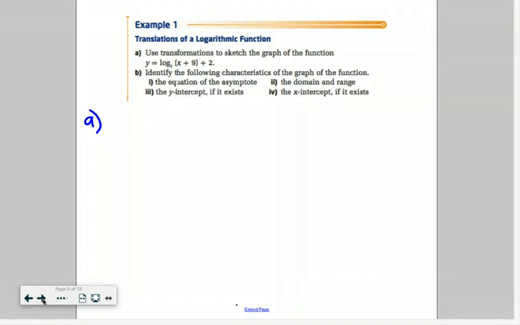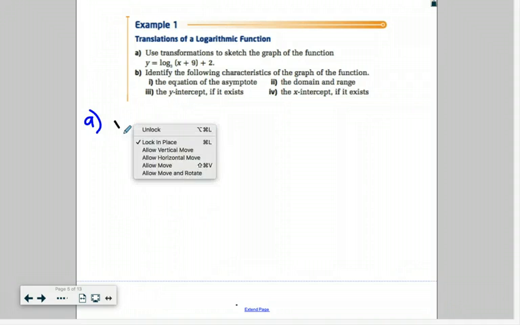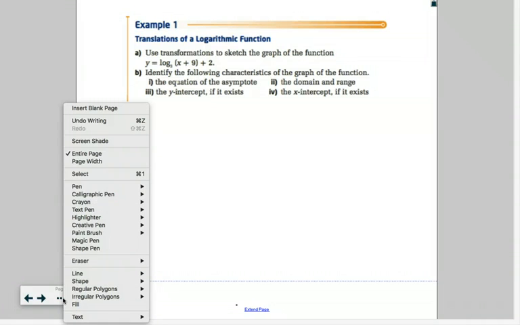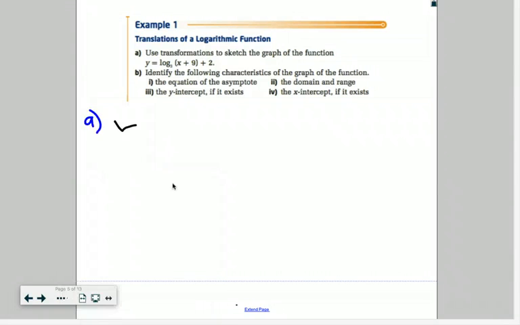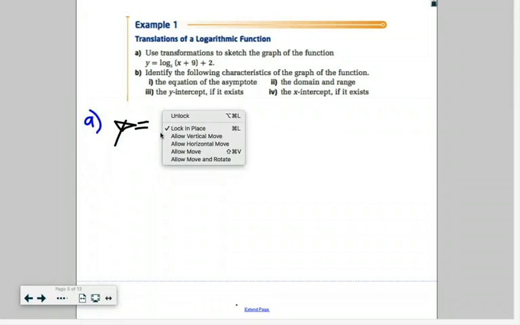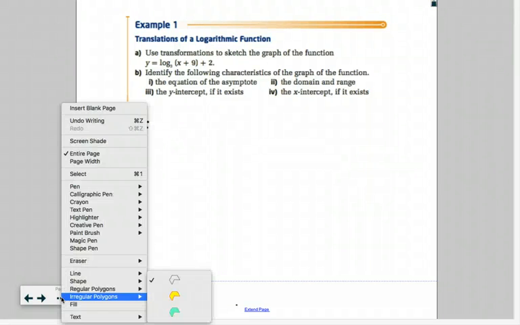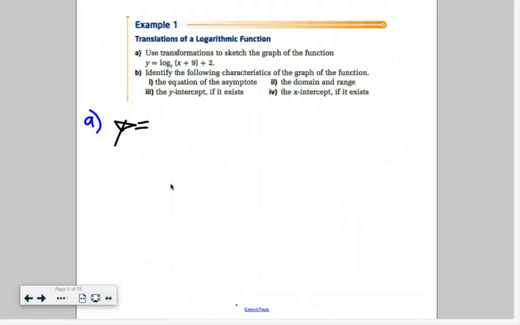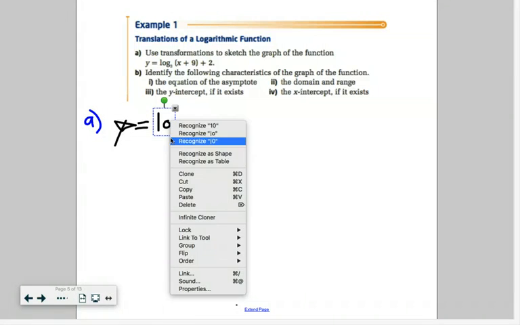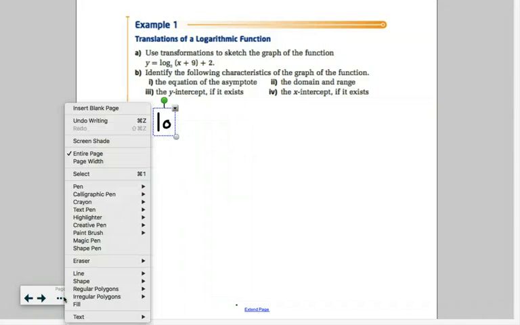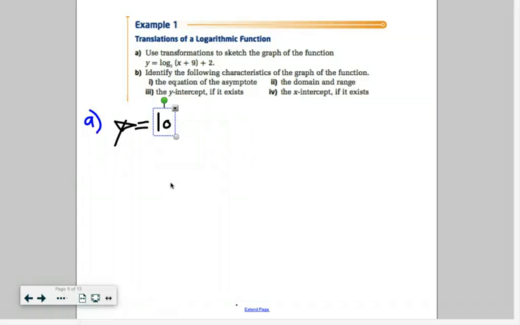Looking at this particular function, y is equal to log of x plus 9 as the argument, base of 3, and then plus 2.